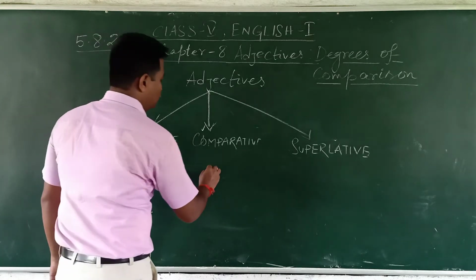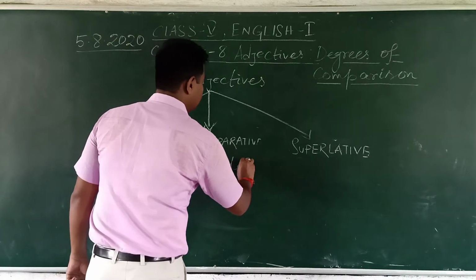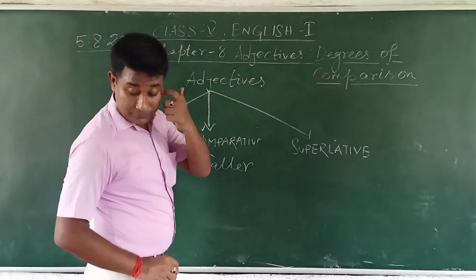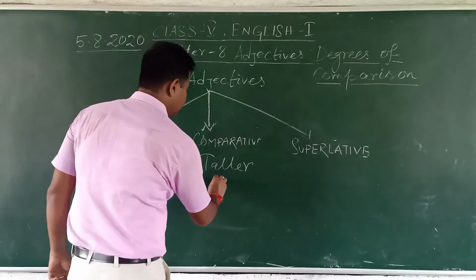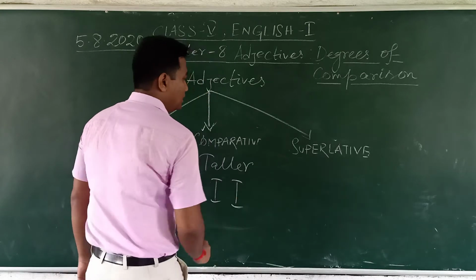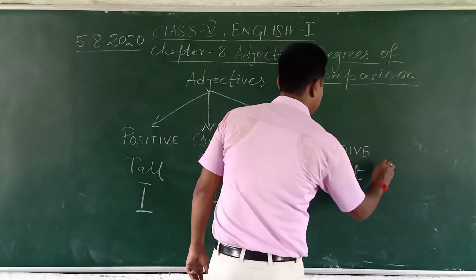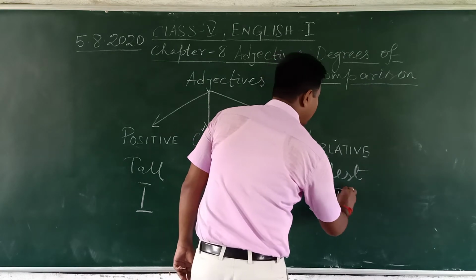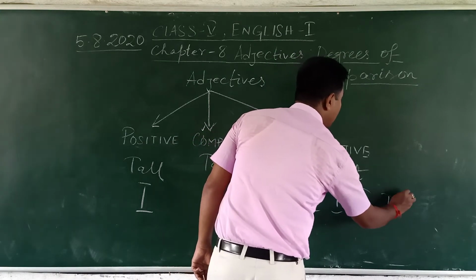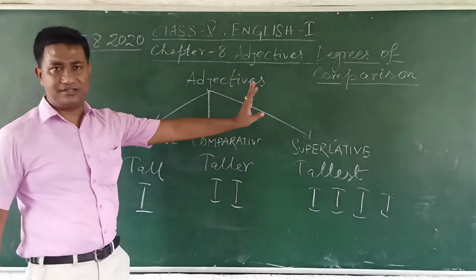Taller: two persons. And tallest means three or more persons, if you want to include whatever the numbers.